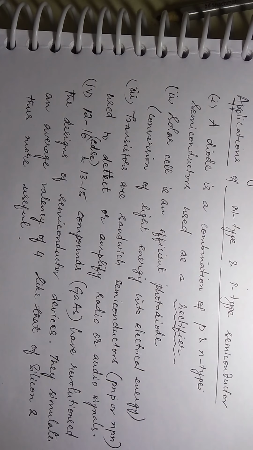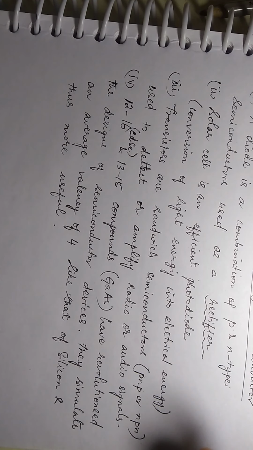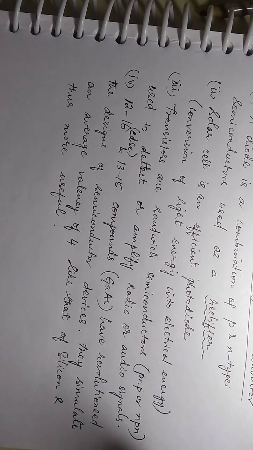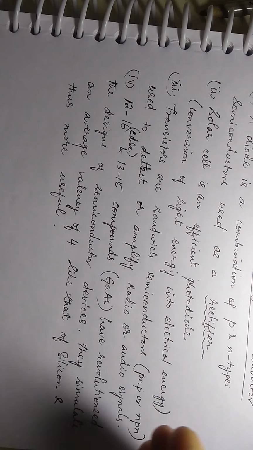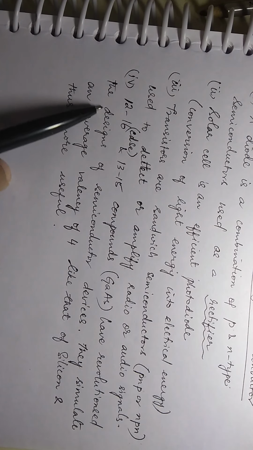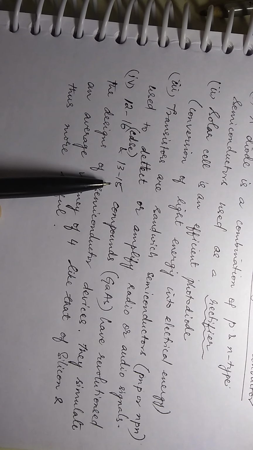Now apart from this, there are also compounds which have revolutionized the semiconductor industry. How? Silicon is now in great demand and quite expensive also. So they have come up with alternatives. What kind of alternatives? They have started using 12-16 compounds and 13-15 compounds.